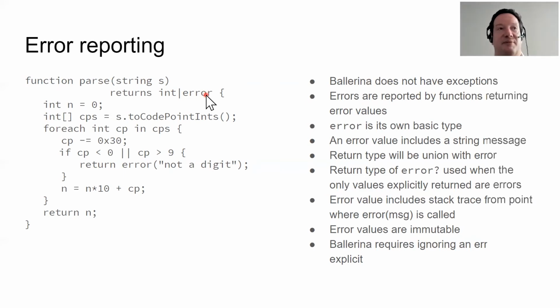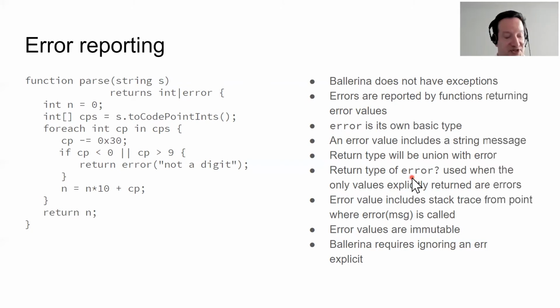If you have something more like a procedure that does something or returns an error, then the return type will be, so remember that when you have a function that doesn't have an explicit return, that returns the same as returning nil. So if I have something that either returns nil or error, that's the same as error question mark.